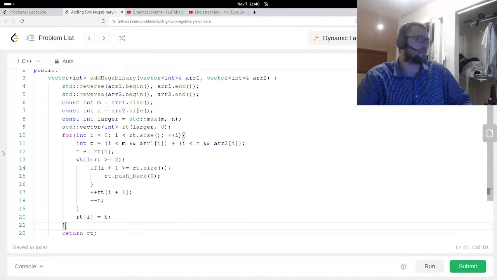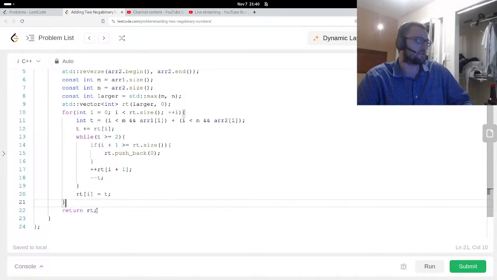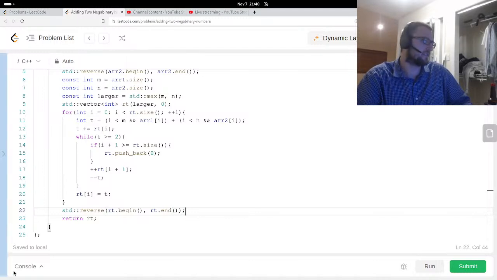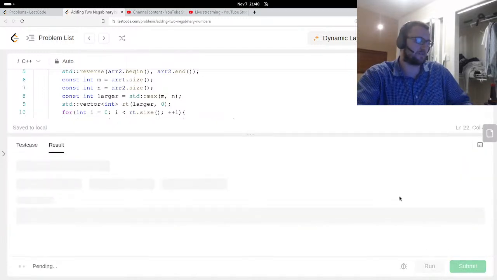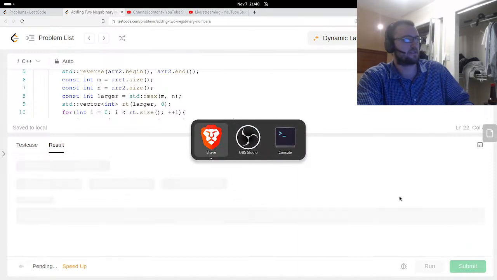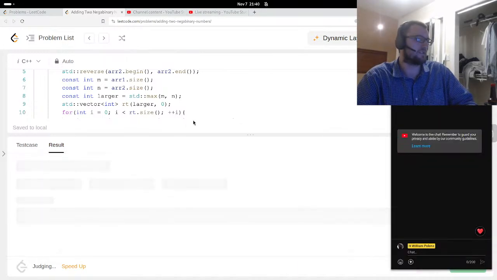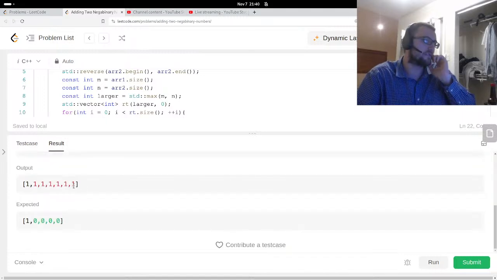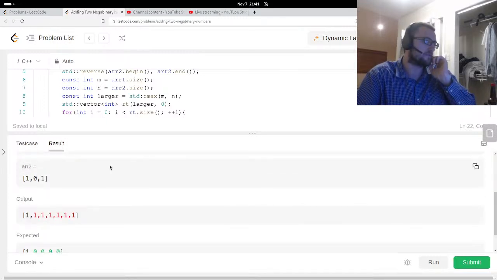I think it's that simple. Oh, yeah, and then we have to reverse RT, I think. Something like this. Could try this. I don't know if this is correct or not. Right, wrong. Ooh. Okay.